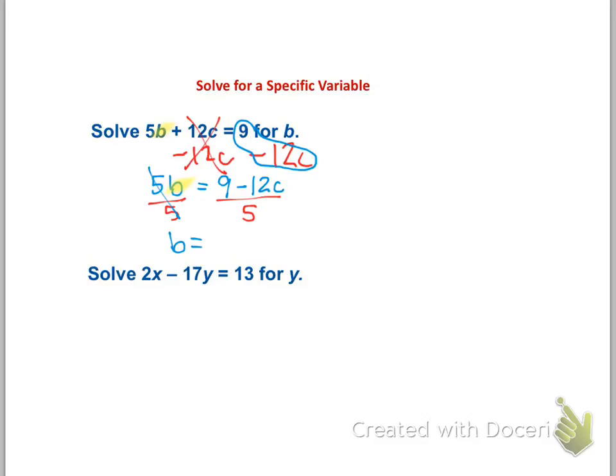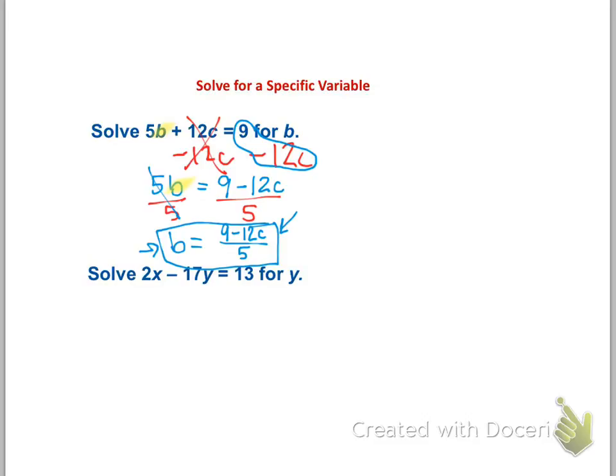I could do 12C divided by 5. Again, that'll give me a decimal. Don't want decimal. So I can leave it in that ugly fraction form because my goal was to get the B alone. B is alone, and it's equal to all of that. Why don't you try the next one on your own?